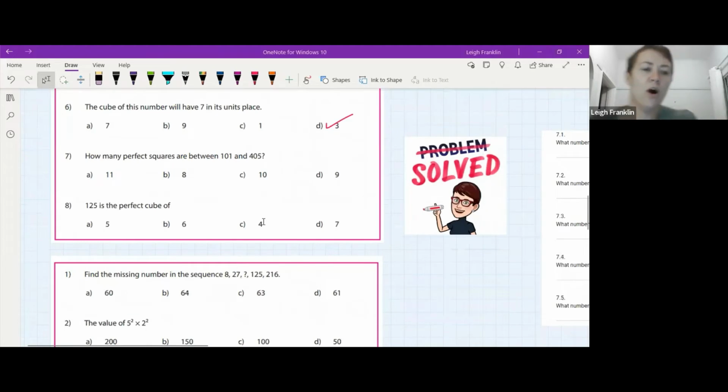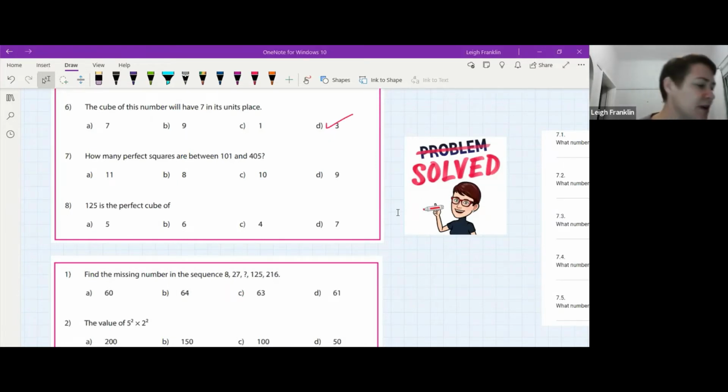Okay, here we are. How many perfect squares? This is a nice, difficult question. Kaya, are you ready? This is yours. How many perfect squares are there between 101 and 405? Difficult question. Ma'am, I said 11.